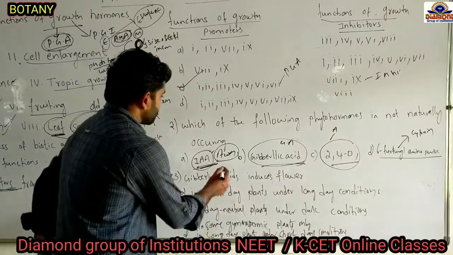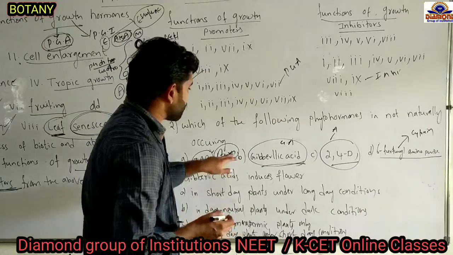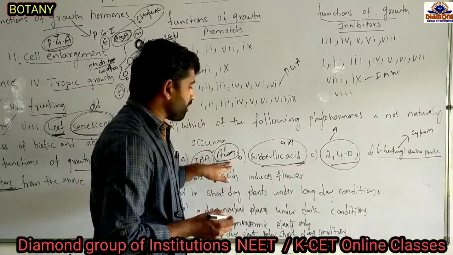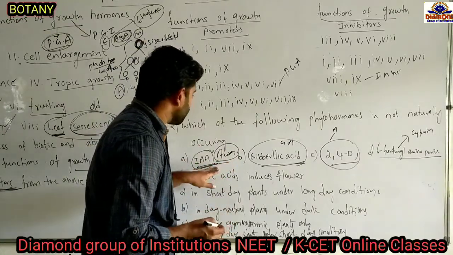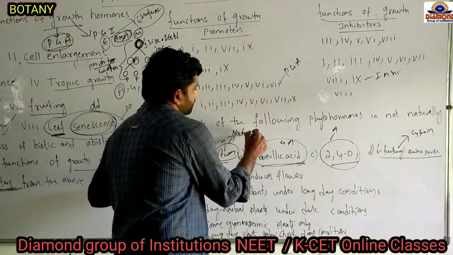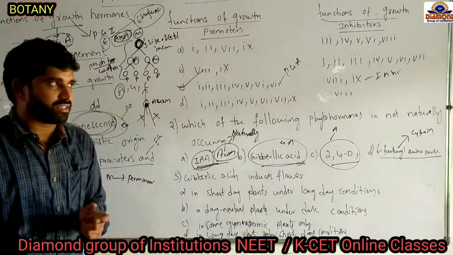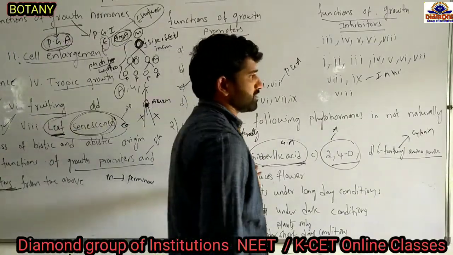Now IAA, indole 3 acetic acid, is a type of auxin. This indole 3 acetic acid is naturally available in plants.